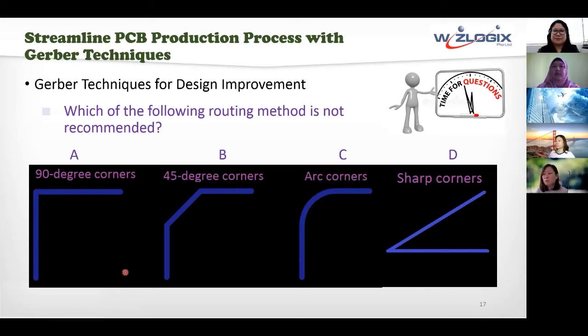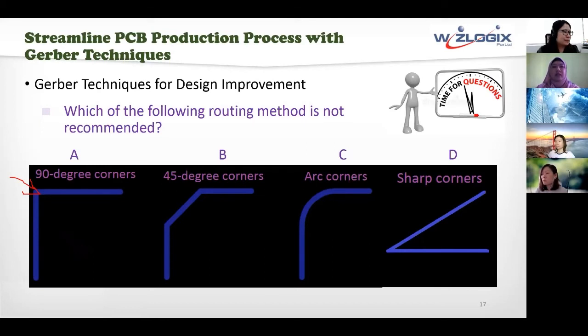As for routing at 90-degree corner, although not very much preferred, it's still a practice in some PCB layouts today. This is not a manufacturing fault, but during the copper removal stage, what will happen is that at this outer corner here, potentially the copper will be over etched.